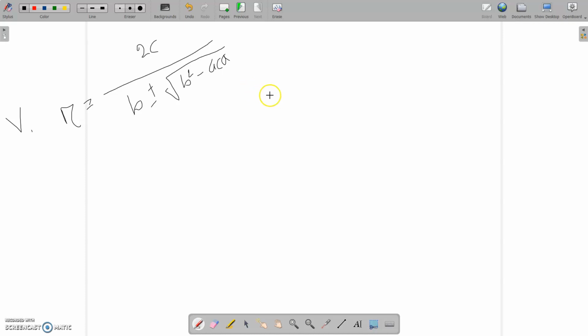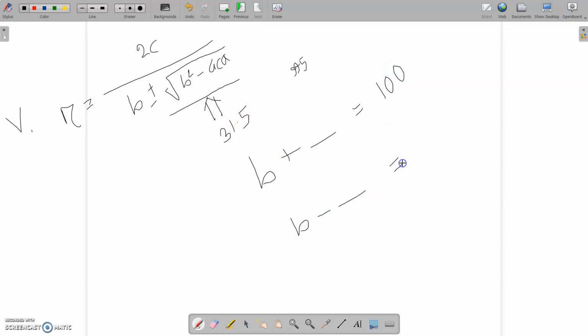So this is 995, something like this. If we take the root of the whole portion, the determinant, it is like 31.5. If we calculate b plus this portion, that is 31.5 plus b, it gives around 100. And if I calculate b minus this portion, that gives me around 30. So obviously this one is higher, so I should take the plus value.